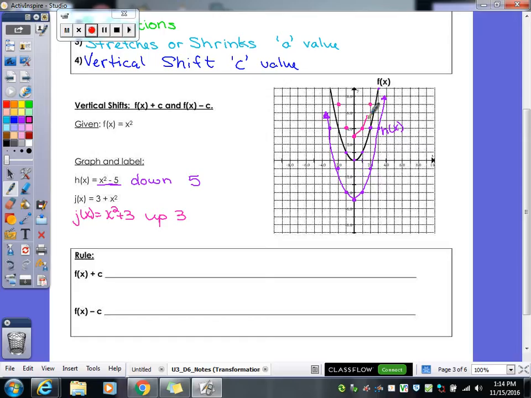You're not going to be able to get as many points because then it starts going off the graph. Then you label that one as j of x. And I think once you can remember what each transformation is, this actually makes it a little faster than typing it in the calculator.